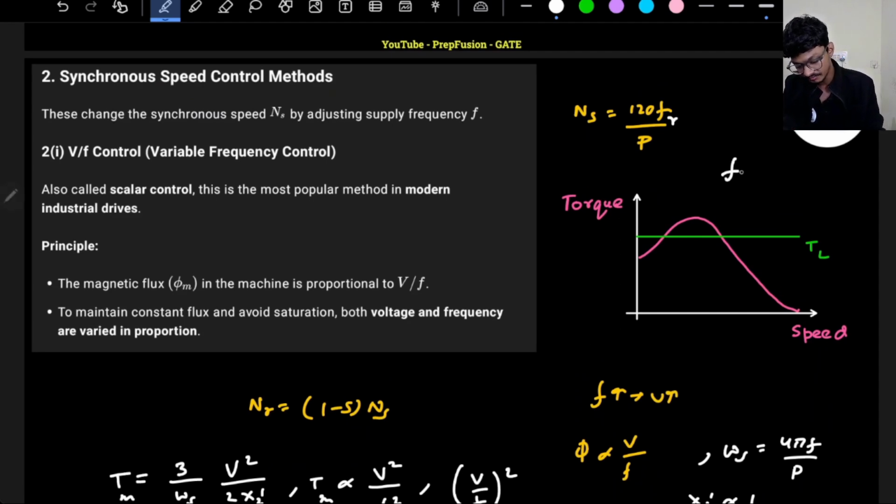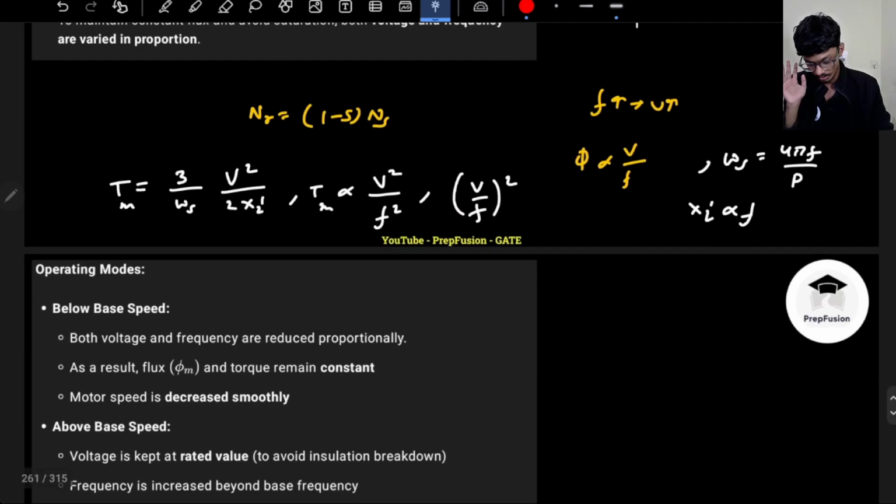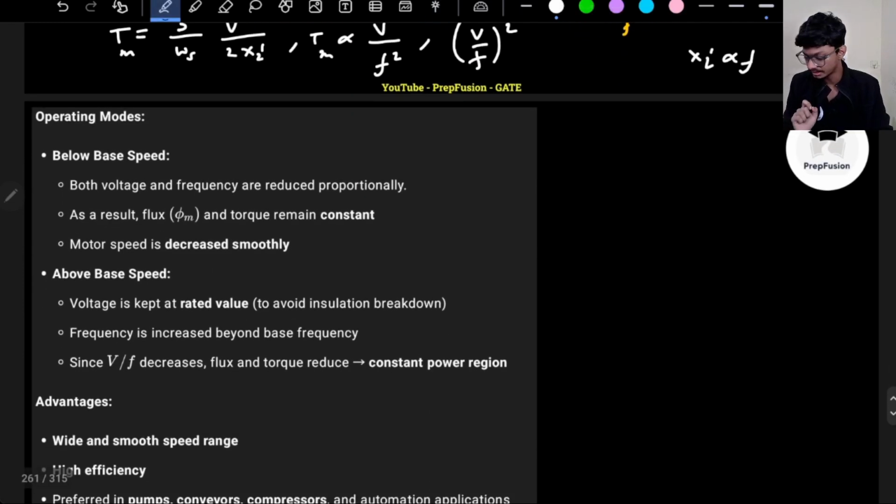So I will increase my frequency, and since the voltage is kept constant while the flux decreases, the maximum torque will go down. So with V by f control, I can control two regions: above base speed and below base speed. Base speed means rated voltage, rated frequency.